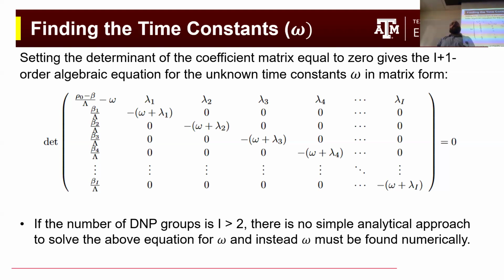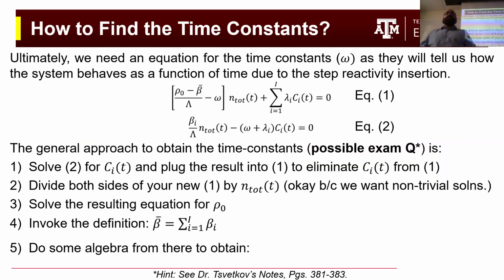The more complicated problem is when you have six delayed neutron precursor groups, and we're going to have to solve that numerically. So I wanted to talk about how we would do that. If you have two groups, it's very straightforward, and you just get a nice analytical expression for omega. Otherwise, we have to solve it numerically.